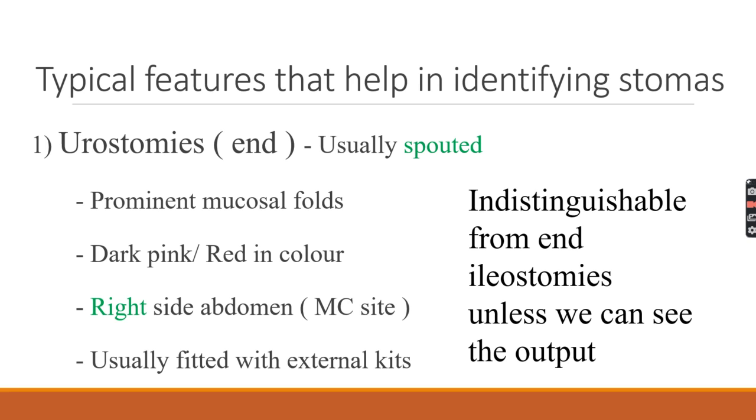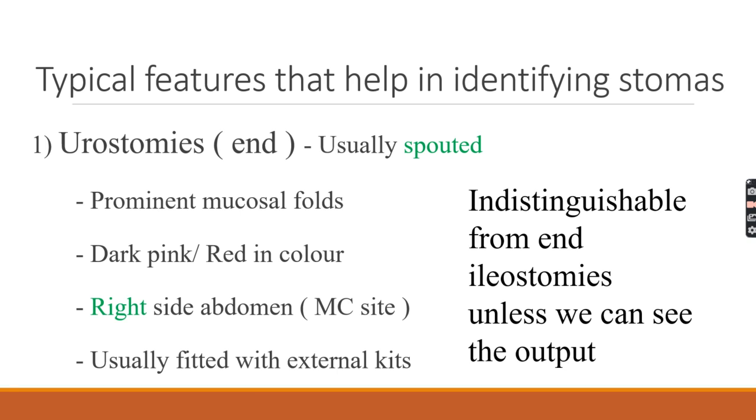Anything that is associated with the small intestine is supposed to have a spouted end. Then prominent mucosal folds are there. The color is usually dark pink or red, and similar to the ileostomy, the most common site is the right side of the abdomen. This is also usually fitted with external kits.